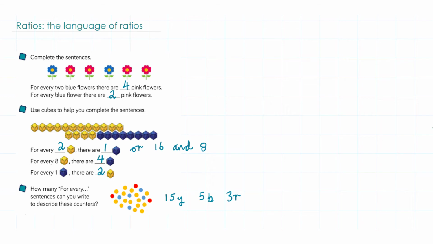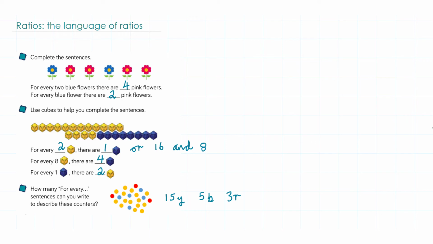And then for the last one, well, there's quite a lot of possible answers. Let's go through a few. So if there's 15 yellow counters, 5 blue counters, and 3 red counters, what can we say? Well, for every 15 yellow counters, there are 5 blue counters. That's a pretty obvious one. But then an equivalent ratio that maybe you spotted was for every 3 yellow cubes, there is 1 blue cube.